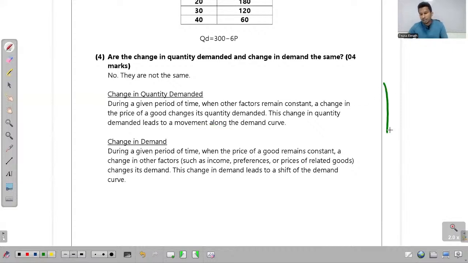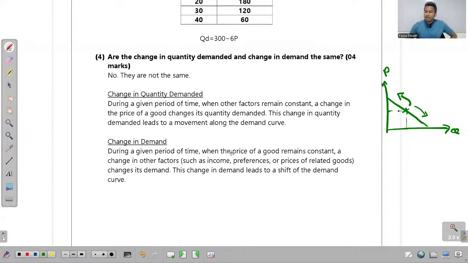Now, for example, if this is the demand curve, and if this is the current point that we are considering, when the quantity demanded changes, this point can move upwards or downwards. Clear? On this side, you have the quantities. On this axis, we present the prices. So when the quantity demanded changes, this point moves maybe upwards or maybe downwards. And it won't make any change in the demand curve.